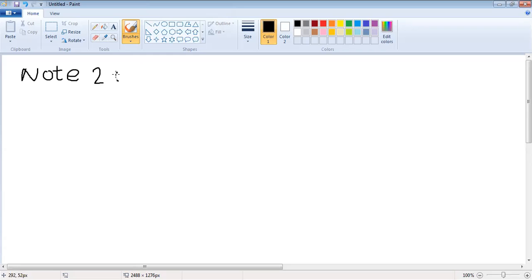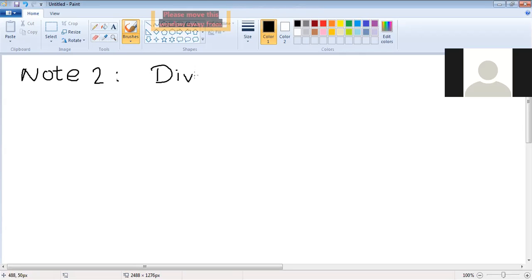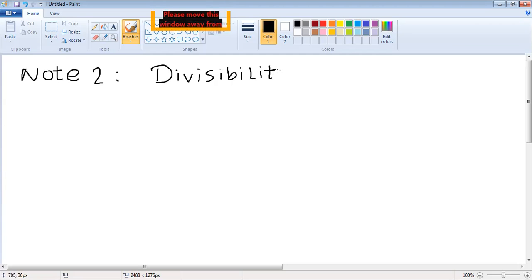Yes. Abdullah, note number 1 is that we can divide any even number by 2. Note number 2, divisibility by 3.